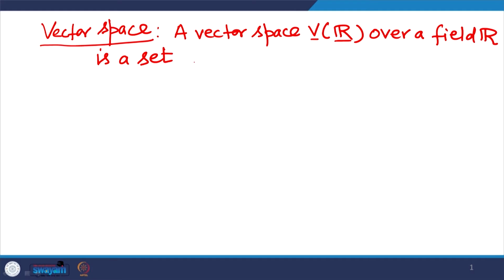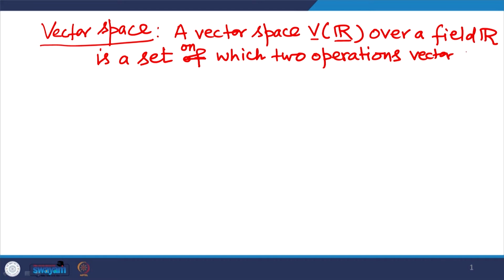is a set on which two operations, let us say vector addition, denoted by plus.